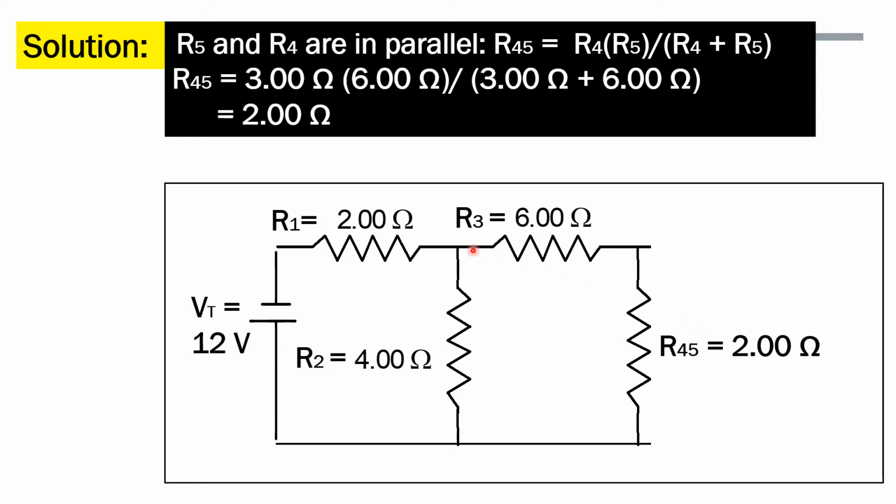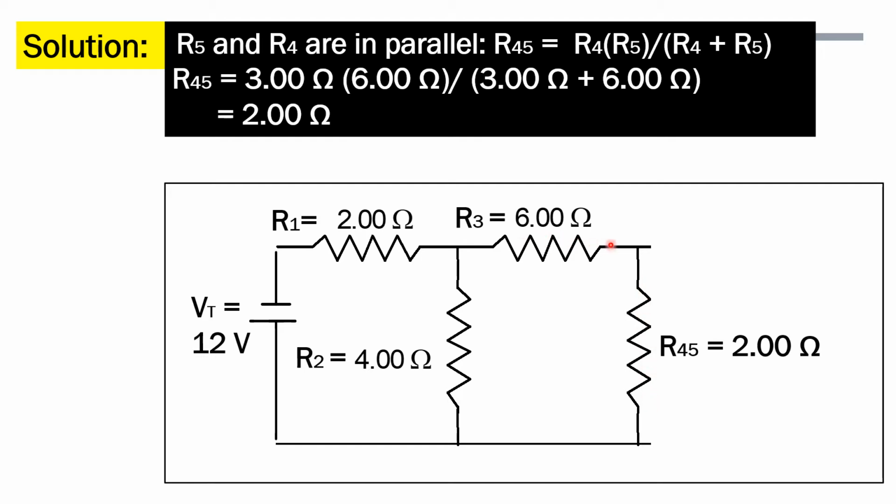Now, if you look carefully at how R3 and R45 are connected, obviously they are connected in series. There is only one path for current to flow between the two of them, from R3 to R45 or from R45 to R3.